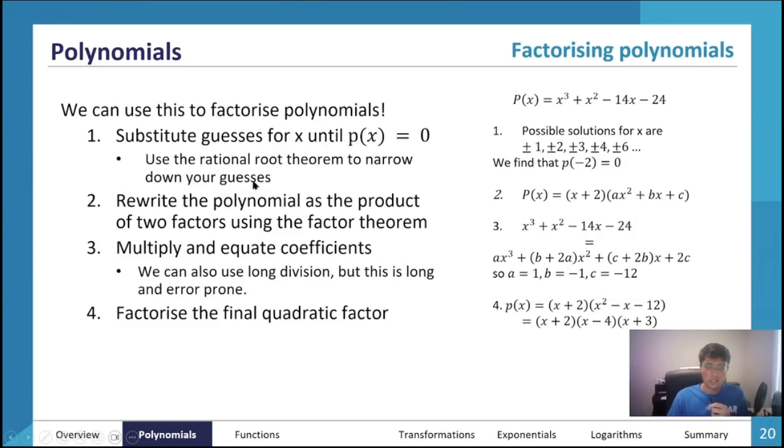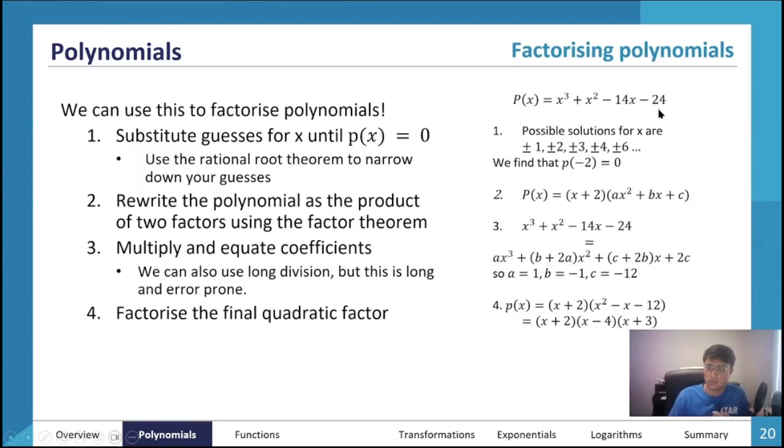Again, with those guesses, we can use the rational root theorem to narrow them down. Taking this example here on the right, we've got p of x equal to x cubed plus x squared, and so on. For our possible solutions for x, remember we take the possible factors of 24 and divide them by the factors of the coefficient in front of the x cubed term, which in this case is 1.